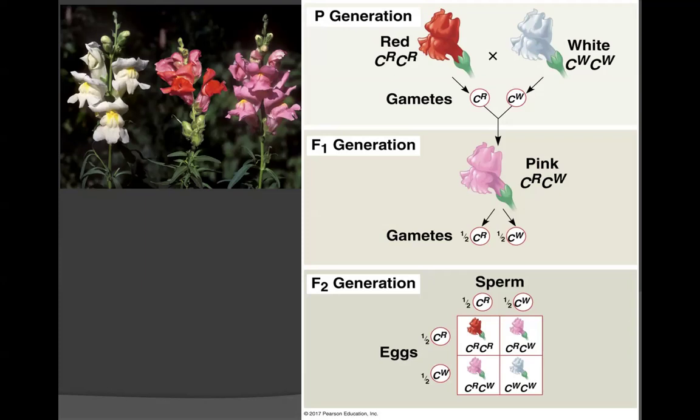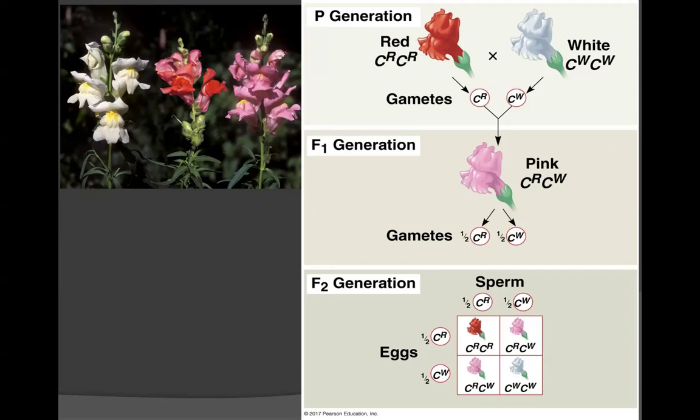The F1 generation for this specific cross would be all hybrid individuals. Once again, with a hybrid individual, half of those gametes would be CR and the other half would be CW. If we want to get our F2 generation, we would cross those F1 individuals together or self-pollinate them. We can see what the resultant F2 generation would be.